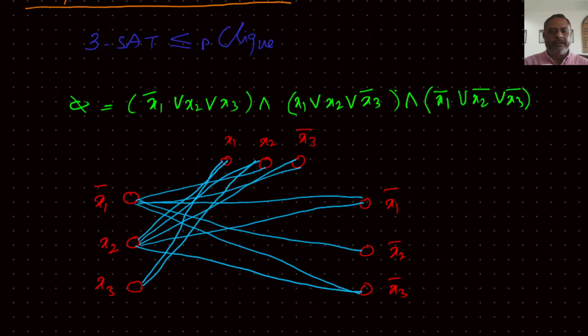But x3, x3 bar cannot. x3 with x1 bar, no problem. x3 with x2 bar, no problem. But x3, x3 bar, we have a problem.